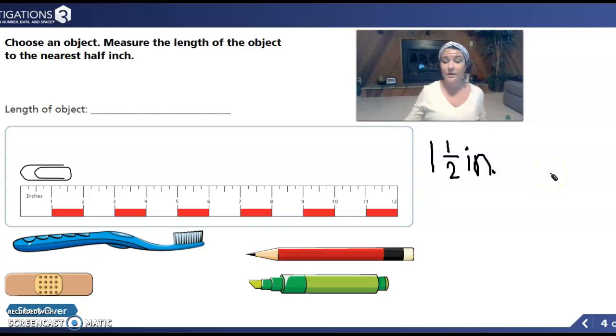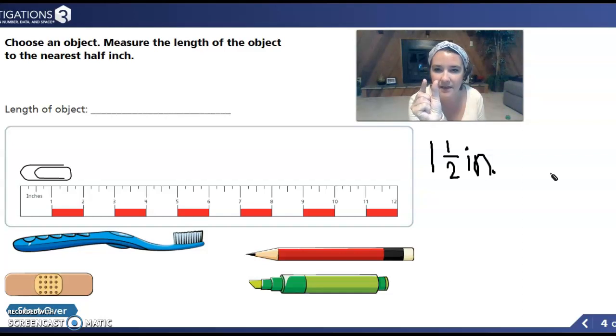All right. So we are going to be using rulers and yardsticks today to measure during our different activities that I'm going to explain in the next few videos. All right. So remember, about how long is an inch? Can you show me?